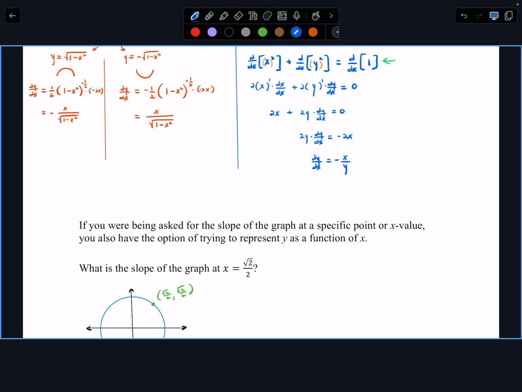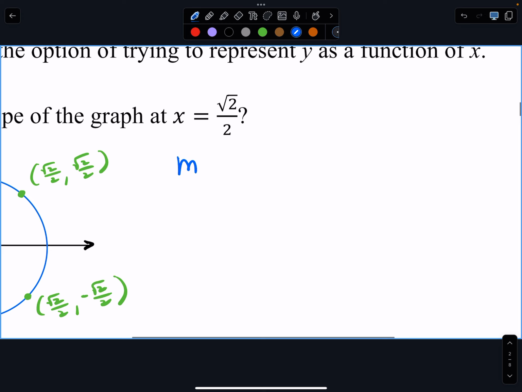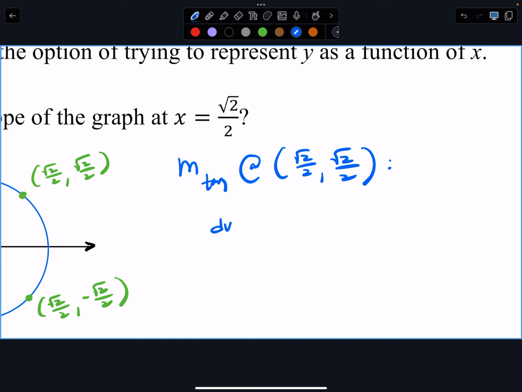Or since we do know x comma y for each of those points, we could think about plugging into our formula here. And I think somebody asked about this notation last week, but if we're trying to find the slope of the tangent line at root 2 over 2 comma root 2 over 2, we can think about evaluating dy over dx. And the way we show doing that is we write a vertical line, and then at the bottom of that vertical line, we write the point.